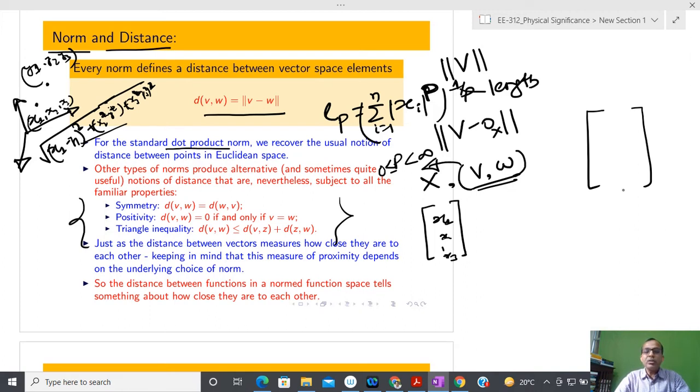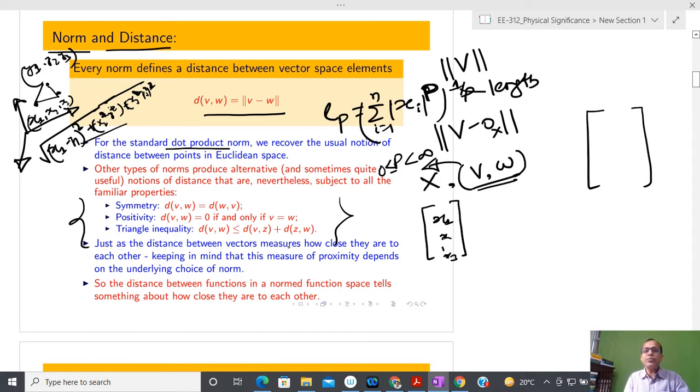Norm is a very important thing, because I know how close two points are. If I take a third point, I know how these three points are separated, what the distance is from here to here. But suppose now I have functions.